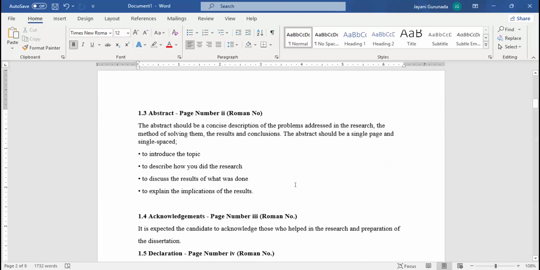The method of solving them, how did you do that? You can talk about your intervention plan here, right? So the problem you addressed, then what's the intervention you used. So you can write, I use these activities and techniques. Then results and conclusion, right?